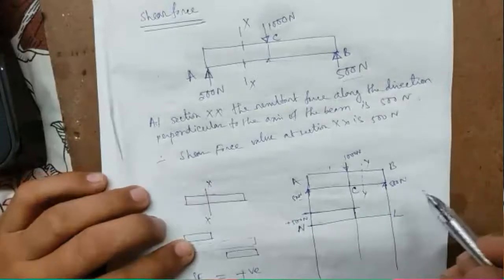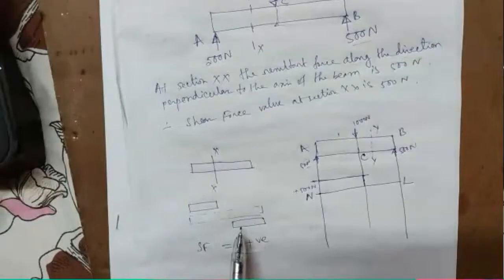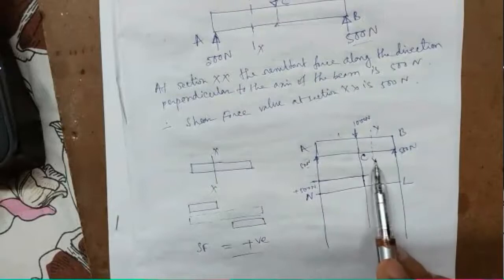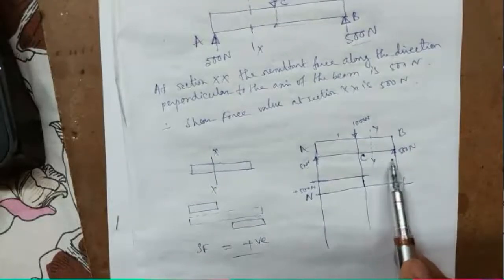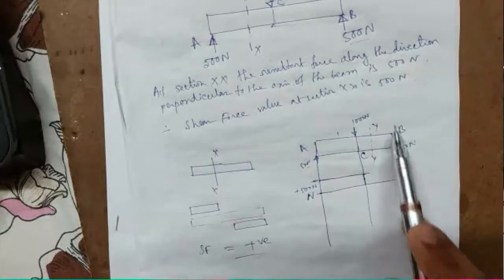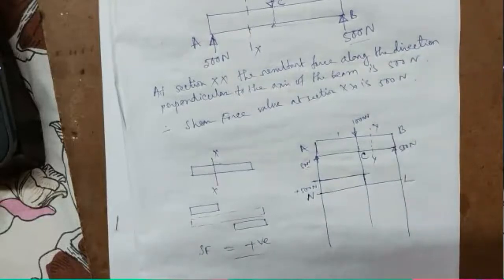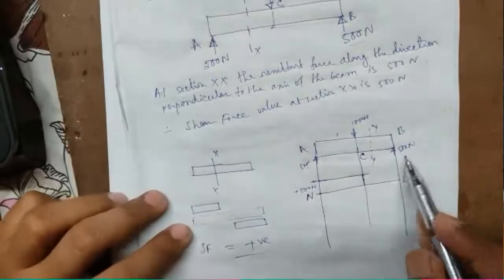We have said that when the right side of the section goes down, then shear force is positive. Here, the right side of this YY section is trying to shift upward. So the shear force will be negative. How much negative? 500 Newton.